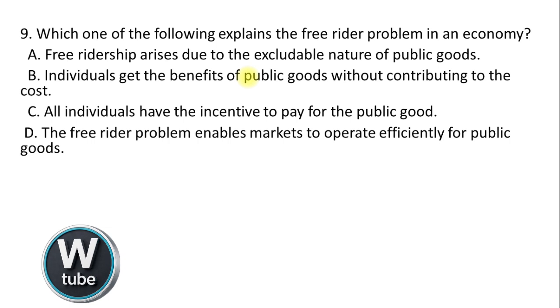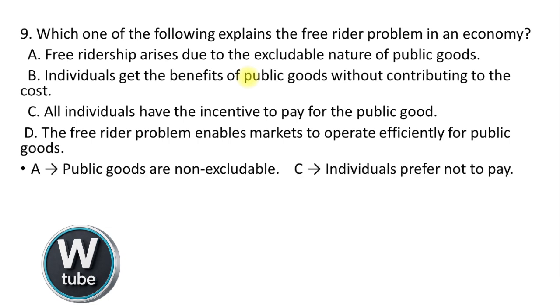Which one explains the free rider problem in an economy? Public goods are non-excludable. So, free ridership arises due to the excludable nature of public goods is not the answer. Again, all individuals have the incentive to pay for the public goods, it says C. Individuals prefer not to pay. So C is not the answer. Free riding reduces efficiency.